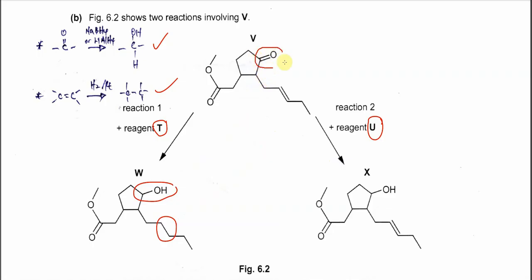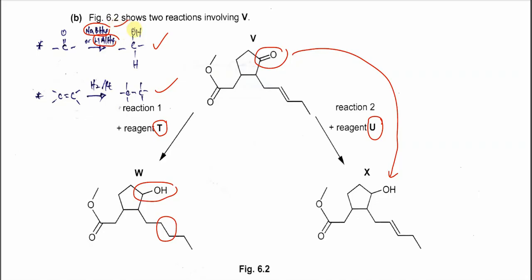The ketone here now forms the alcohol. So this is a reduction again. And for reduction of this carbonyl group, we can use sodium borohydride and lithium aluminum hydride. But in the mark scheme, it only puts sodium borohydride.